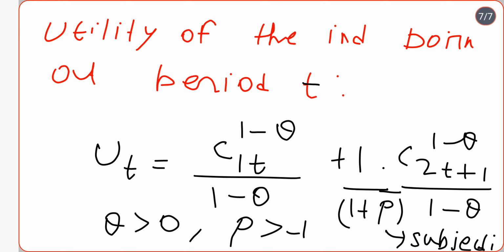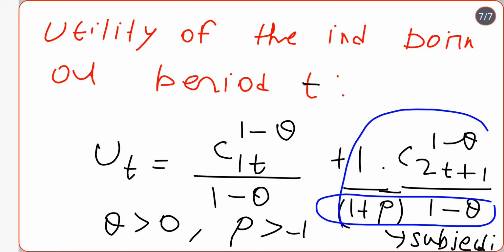So in this case, if rho is greater than 0, then we are actually giving greater priority to the first period. You can see it. If rho is greater than 0, then the denominator of the second period will be bigger, so this entire fraction will be smaller.